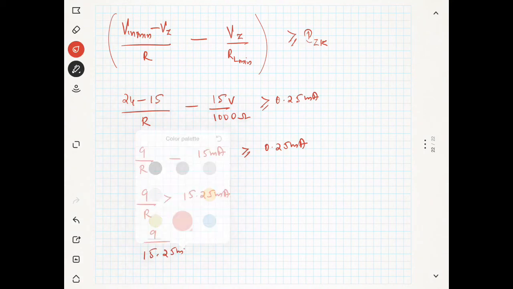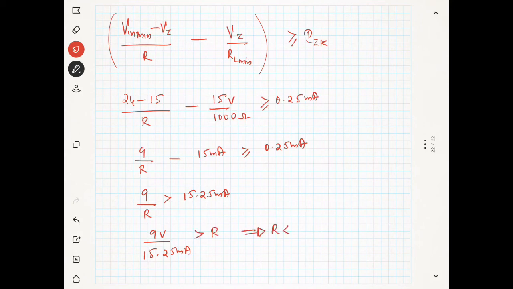This is 9 volt, which implies R should be less than 9 volt by 15.25 milliampere. That means R should be less than 590 ohms. So you have to put an R which is less than 590.